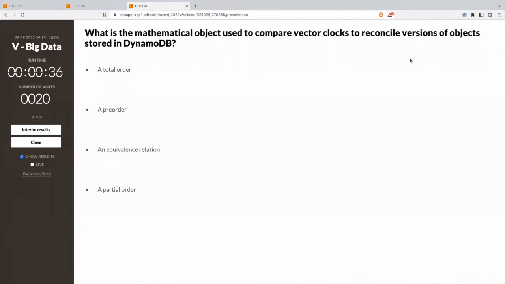But what is the name of the mathematical object that I'm trying to tell you, without telling you the answer, to compare vector clocks? Is it a total order, a pre-order, an equivalence relation, or a partial order?